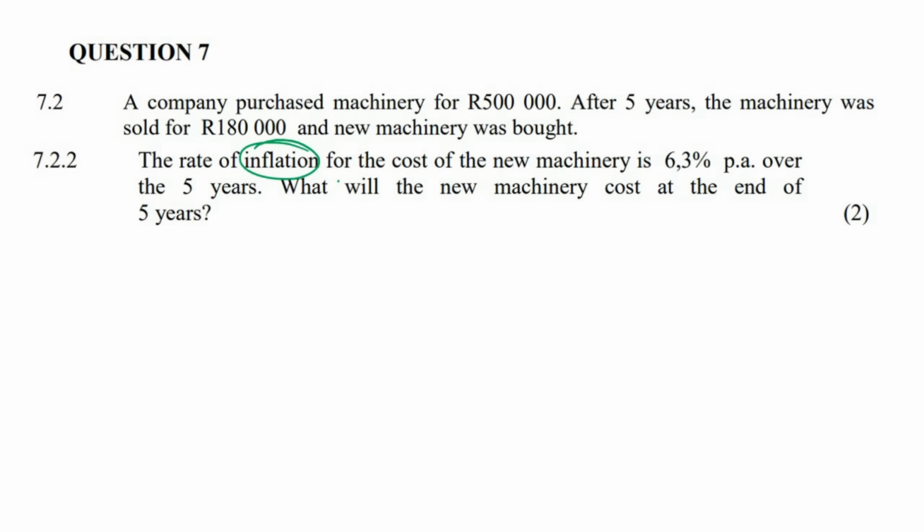Okay, now this next part is the inflation part. They said the rate of inflation is going to be 6.3% over the 5 years. What will the new machinery cost? Remember inflation, we use this formula now. The starting price of the equipment is not the 180,000. That's after the depreciation.